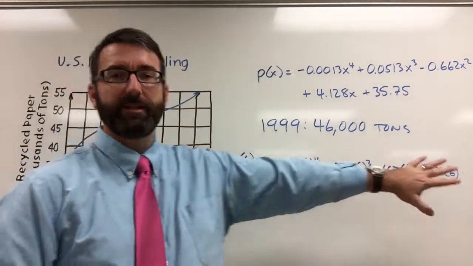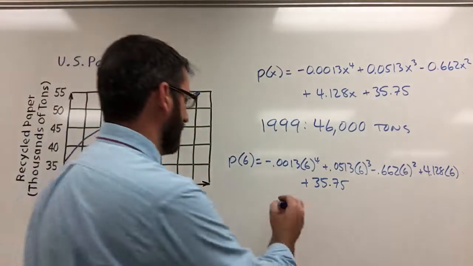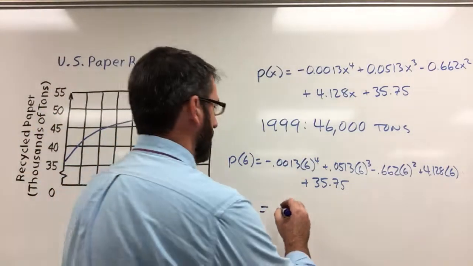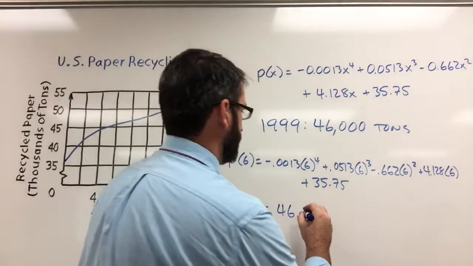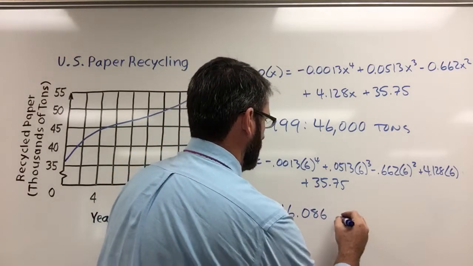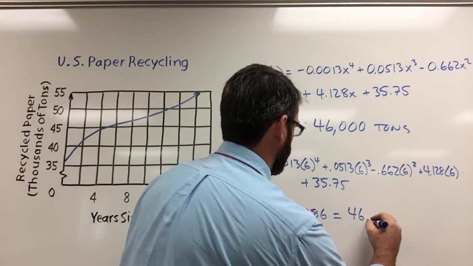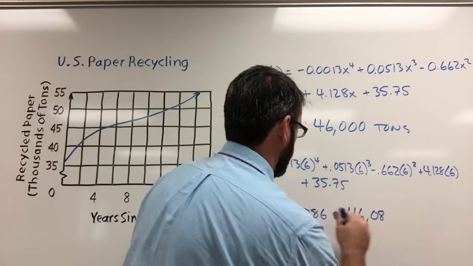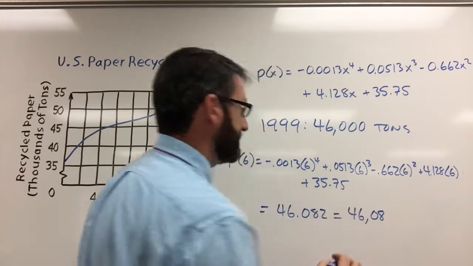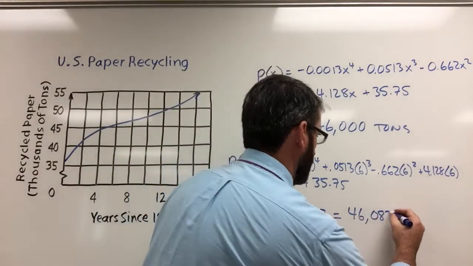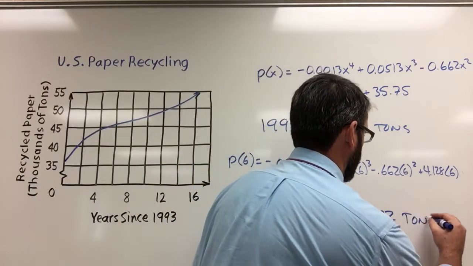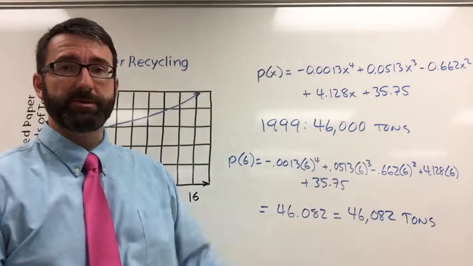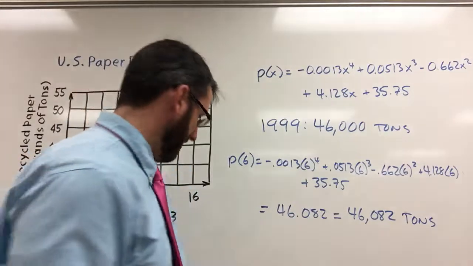If we plug all of that into the calculator, we're going to get that this is equal to 46.082. So that's equal to 46,082 tons. So again, we were pretty close on our estimate from the graph.